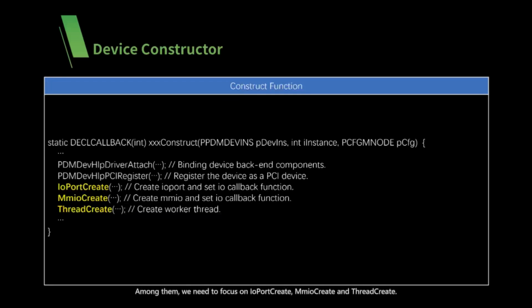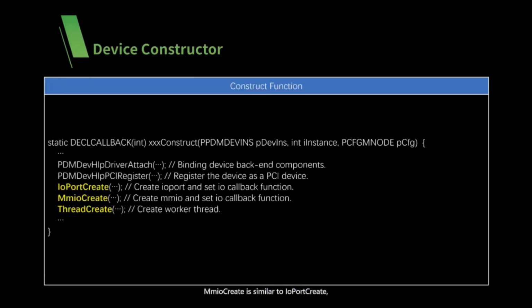Among them, we need to focus on IoPortCreate, MmioCreate, and ThreadCreate. IoPortCreate registers the IO port and the IO callback for the device, so that we can use the in and out instructions to call it from the guest.